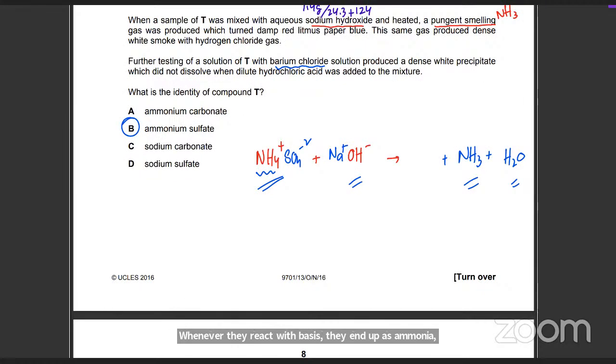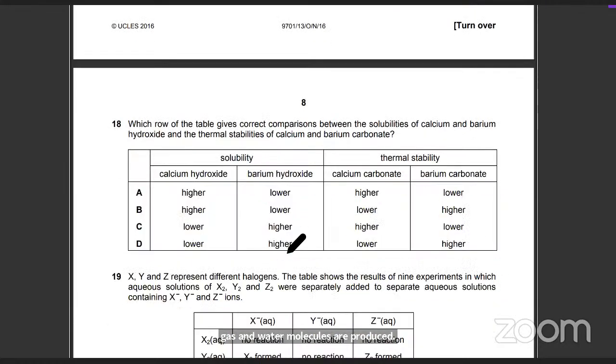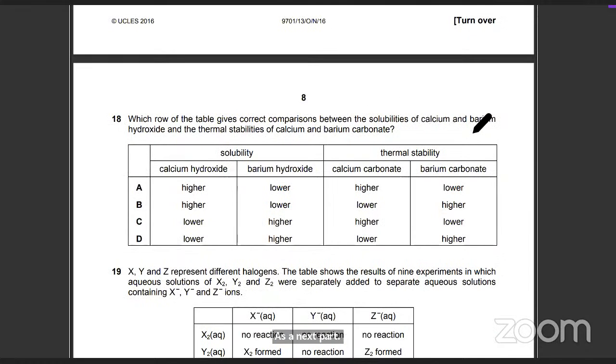As a next part, which row gives the correct comparison between the solubility of calcium and barium hydroxide and the thermal stabilities of their carbonates? What happens to the solubility of hydroxides down the group? Increases. Barium hydroxide is very soluble, but calcium hydroxide is not that soluble.